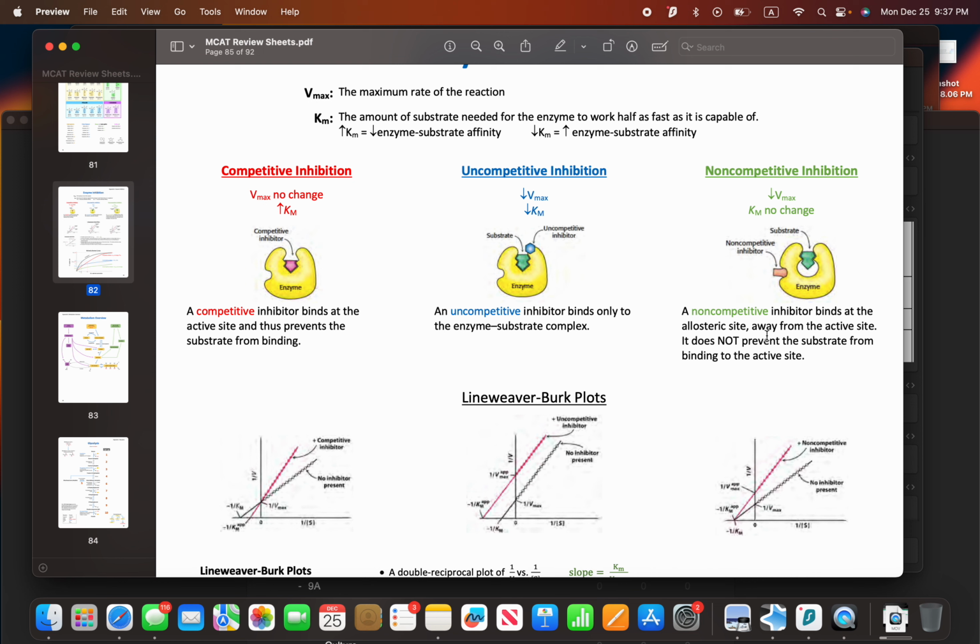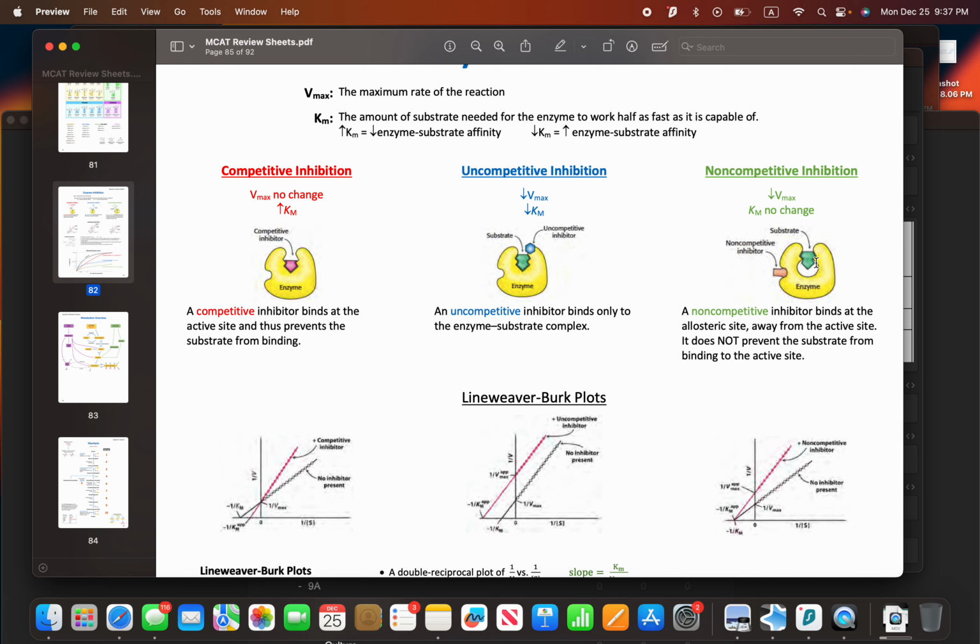Now, does this mean that when the non-competitive inhibitor binds to the allosteric site, it happens after the substrate sits on the active site, or does it? So you can see here actually that the conformation, the geometric shape of the active site has changed. It is no longer an angular active site.